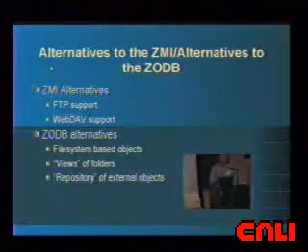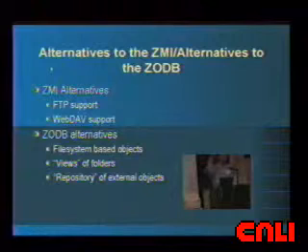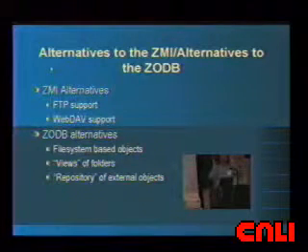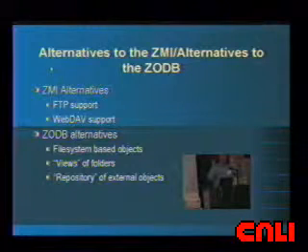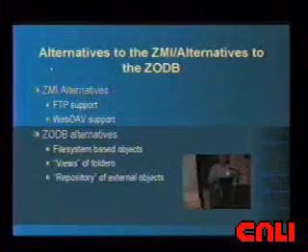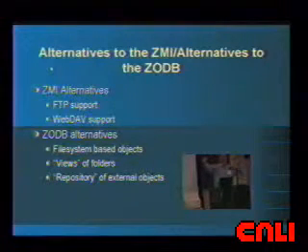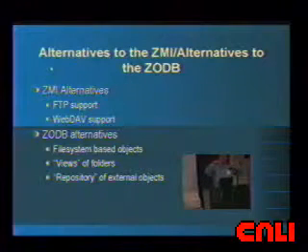Also, if you've got giant collections of content, like for example, we have a bunch of streaming video files, everything is stored inside this one Berkeley database, and I don't want to thunk a 100 megabyte media file inside the database. And so it's also important to have an alternative there. There are file system-based objects, which give you views of folders on your file system via the Zope interface.